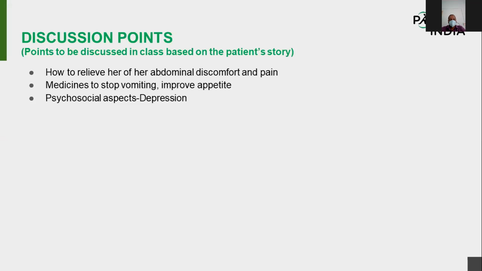How many times and what is the content of the vomiting? The content of the vomitus is whatever she used to take. Mostly she used to vomit with fruits. Whenever she used to have fruits, she used to vomit. But she could sometimes retain vegetables. That's what she was telling.